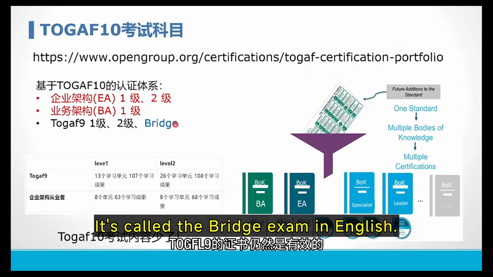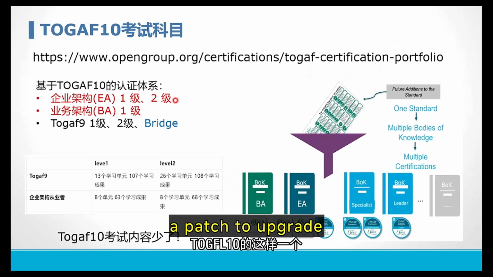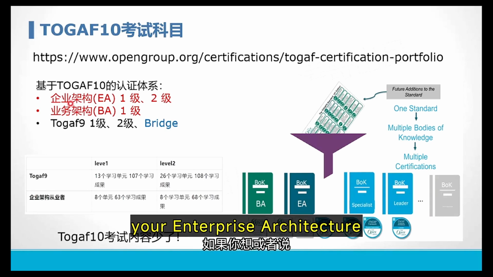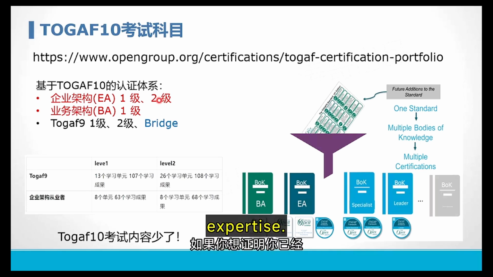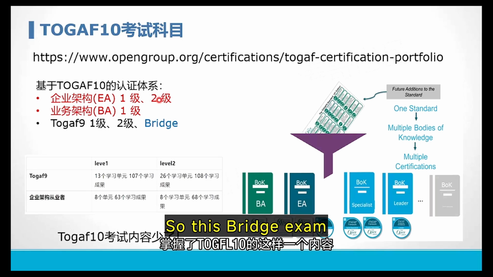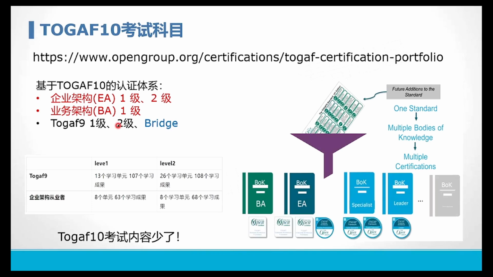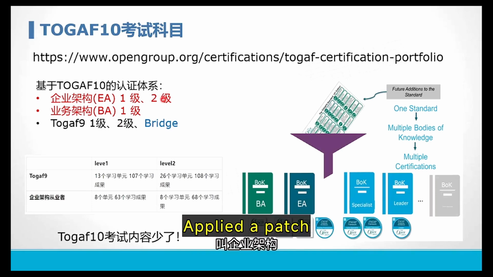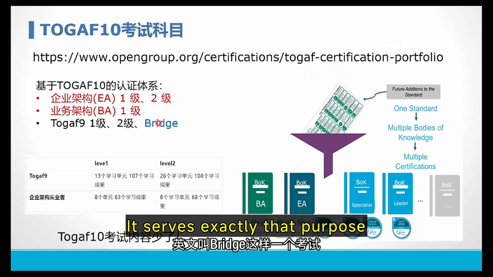It's called the bridge exam in English. This is like applying a patch to upgrade your enterprise architecture expertise. So this bridge exam transitions you from TOGAF9 Level 2. Applied a patch, upgraded to TOGAF10's Level 2. It serves exactly that purpose.